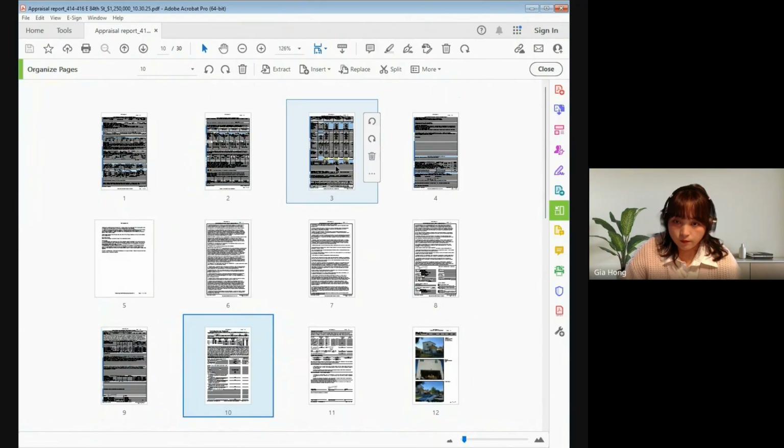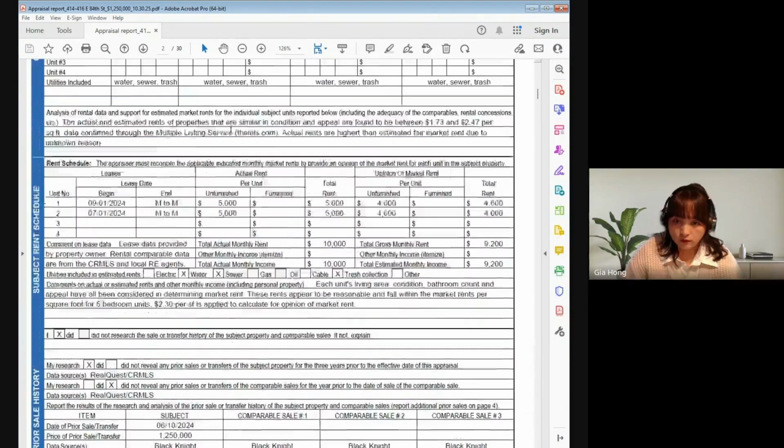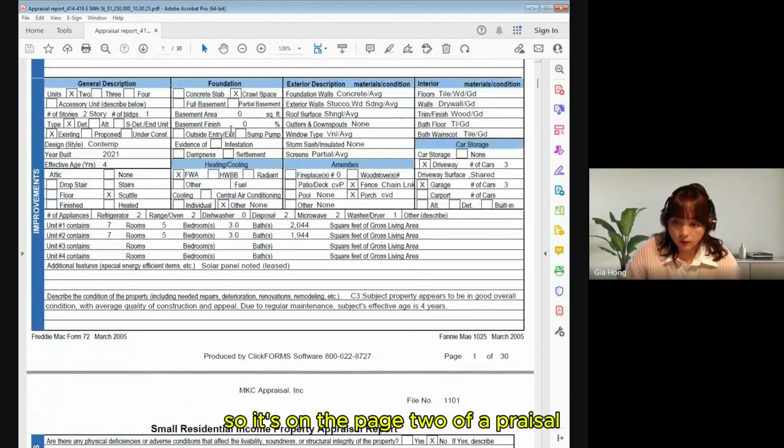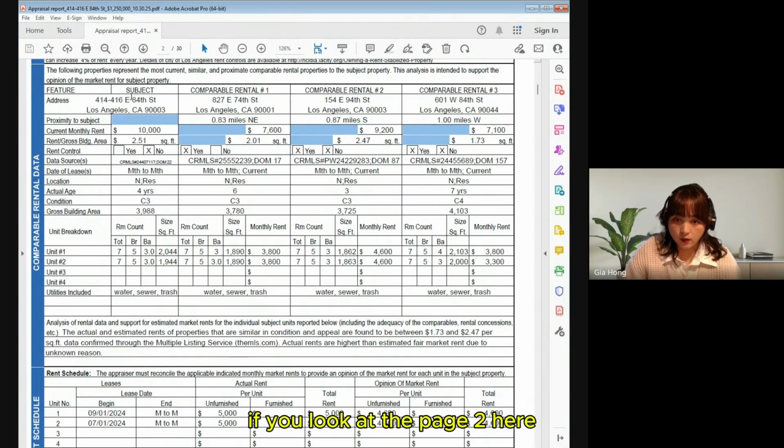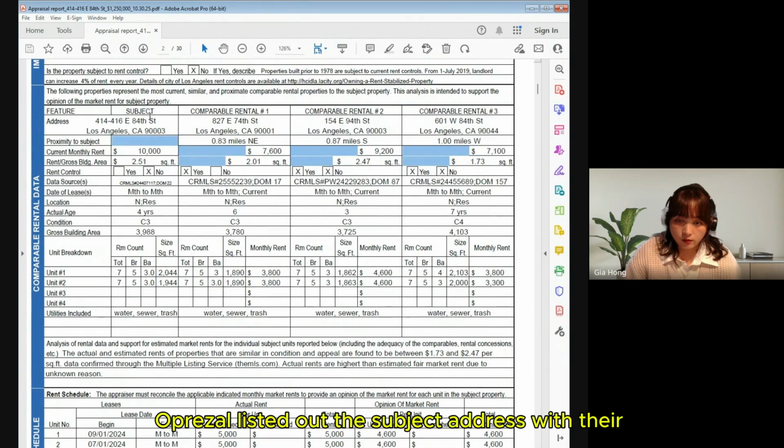Also, I think there's a note here. It's on page 2 of the appraisal. If you look at page 2 here, the appraisal lists out the subject address with its specs, and he also listed out comps 1, 2, 3, the rental comps.